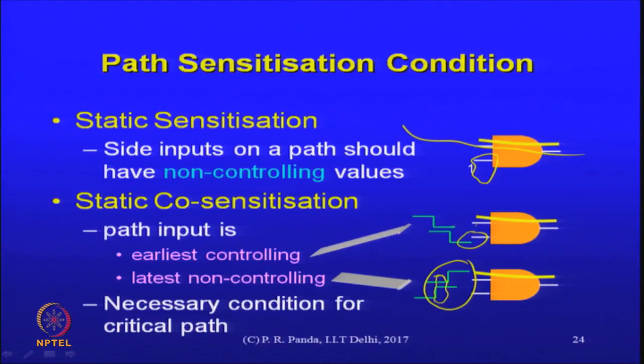But this is the one that is going to make a difference. If this is going to make a difference there, then even if the other inputs have non-controlling values, and ours is the last one to become non-controlling, you would still see that path being sensitized.